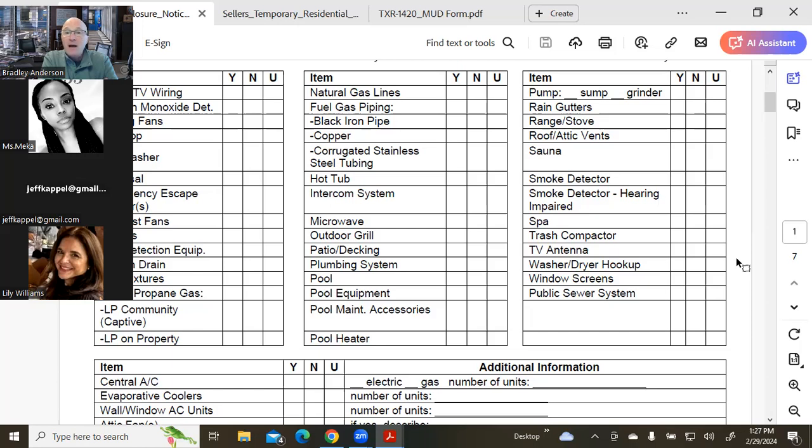Come to find out, the house, built only in 1987, had cast iron pipes. And oh, by the way, the camera uncovered a weak spot in one of the pipes. For some of you that don't realize how big a deal that is, cast iron corrodes, and they don't even use it anymore.